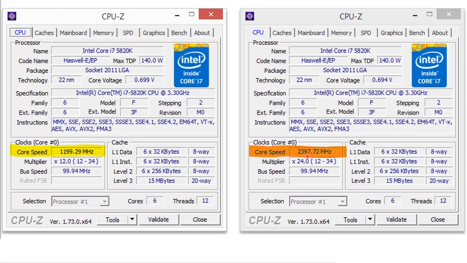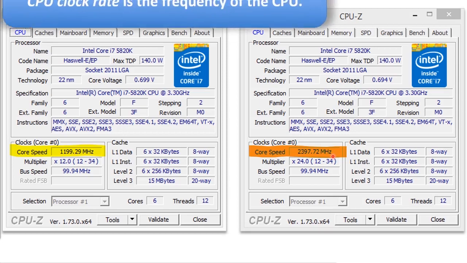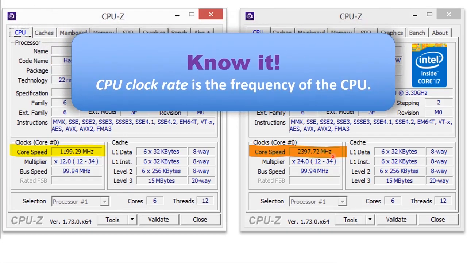So we have a good amount of overhead here, and we can run additional programs if we need to without overtaxing our CPU. So know it. The CPU clock rate is the frequency or speed of the CPU.